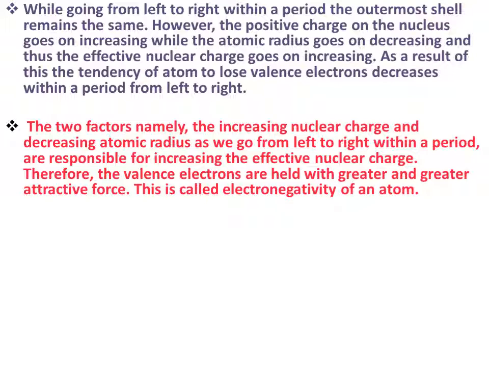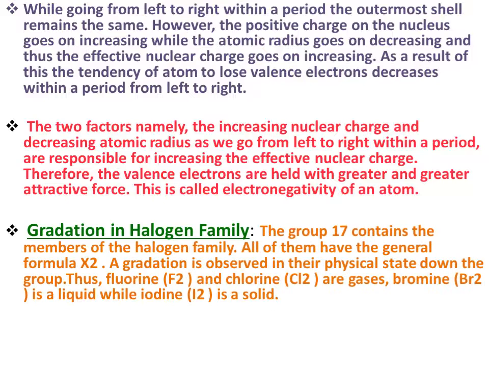The two factors, namely the increasing nuclear charge and decreasing atomic radius, are responsible for increasing the effective nuclear charge. Therefore, the valence electrons are held with greater and greater attractive force. This is called electronegativity of an atom.